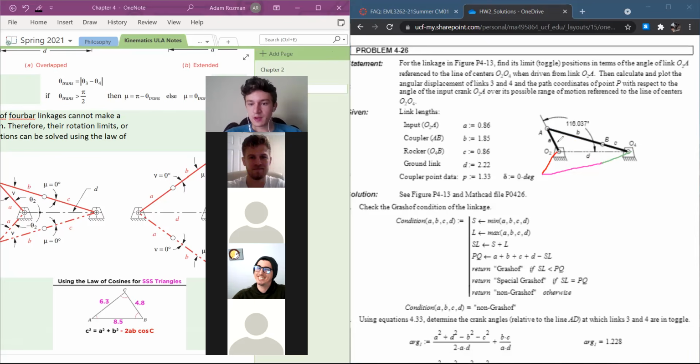Whatever theta you get here is going to be negative theta, or basically the same theta, just clockwise instead of counterclockwise.